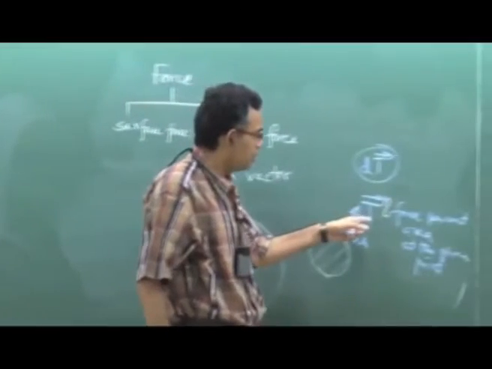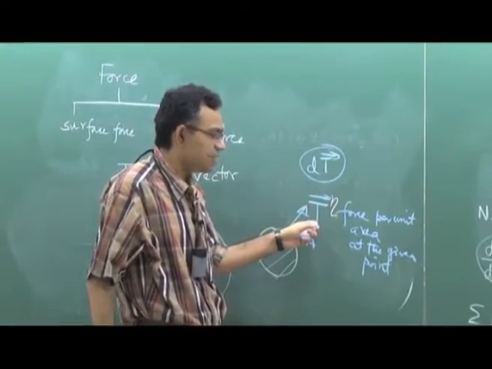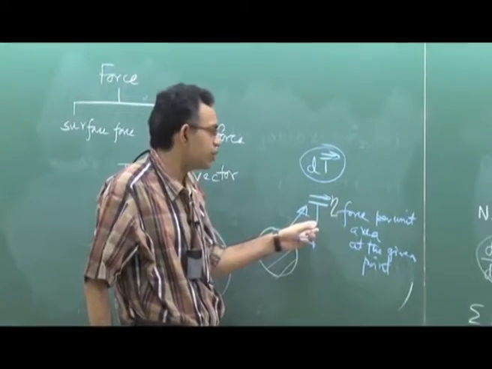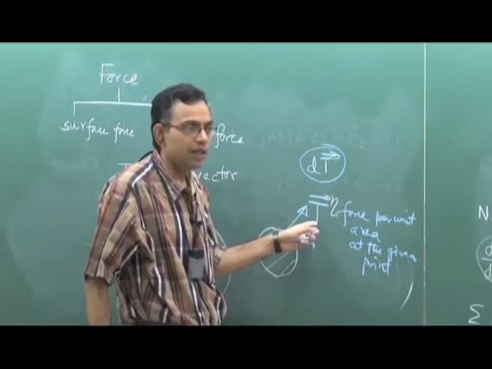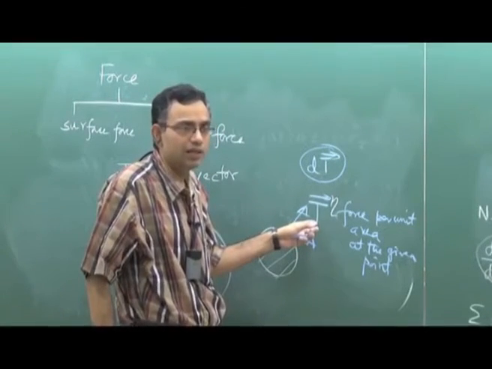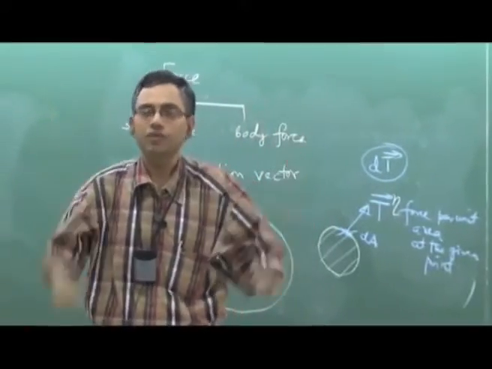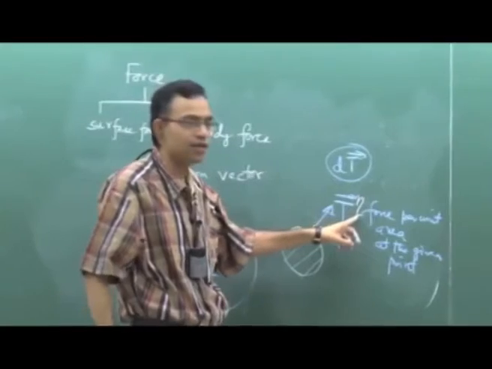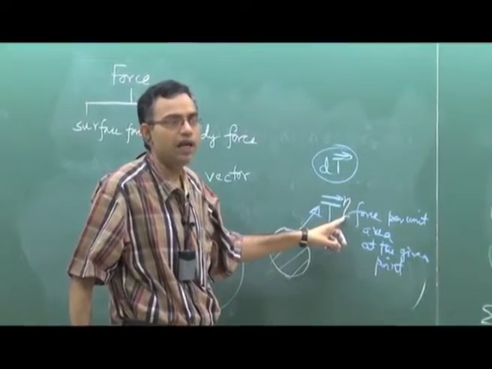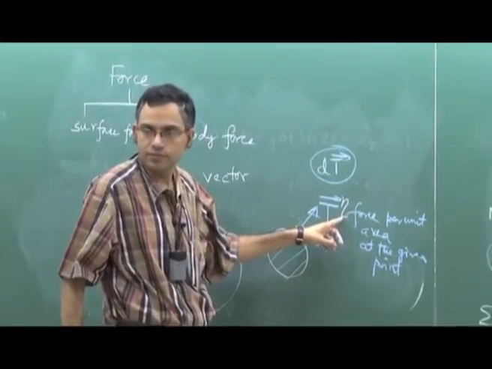So this is a vector because it has its own components, but it is a special type of vector, something more general than a vector, in the sense that it also depends on the orientation of the area used to calculate the force.